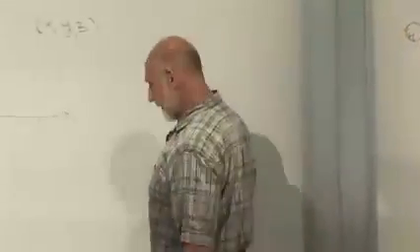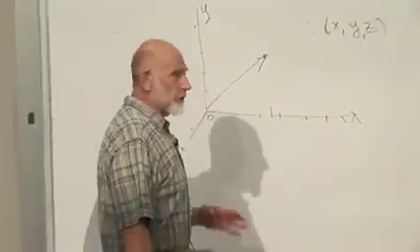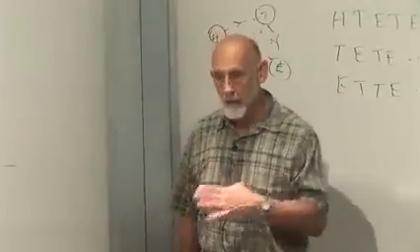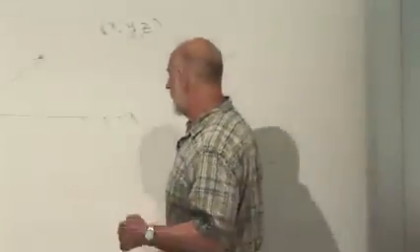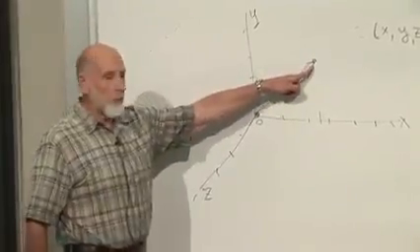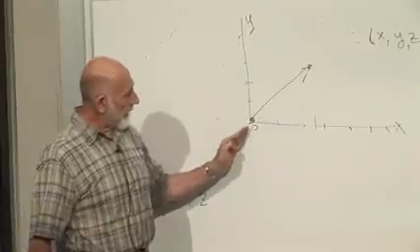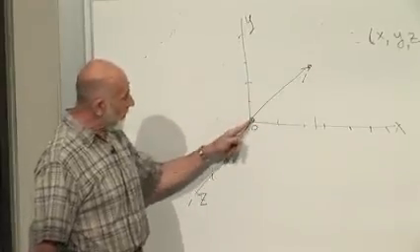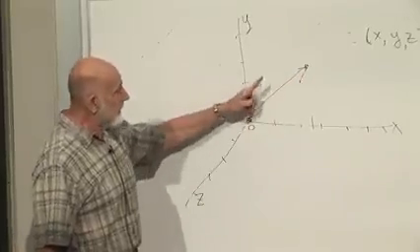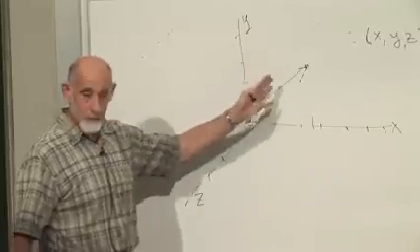Okay, vectors. What is a vector? A vector is an object which has both length and direction. For example, a very simple vector is the position of this point relative to the origin. Here's the origin, and the position of this point relative to the origin has a magnitude, which is the distance from the origin, and it has a direction, namely just the direction of the arrow connecting the point with here.